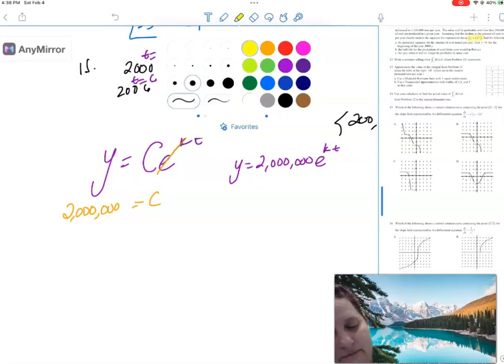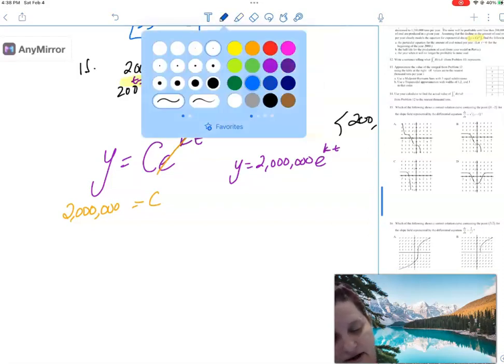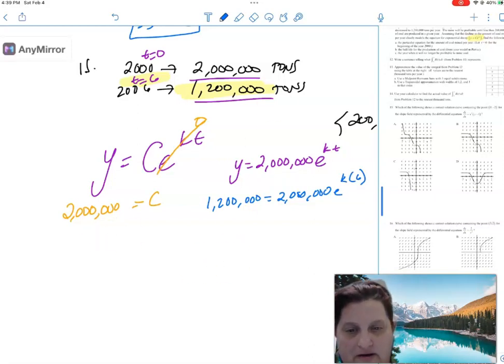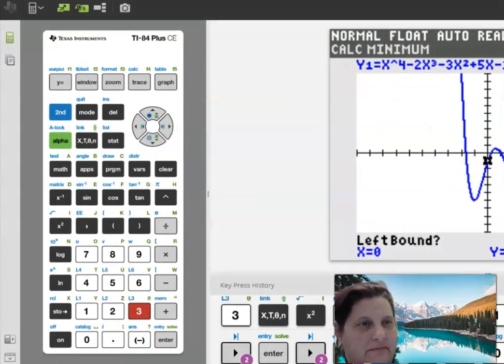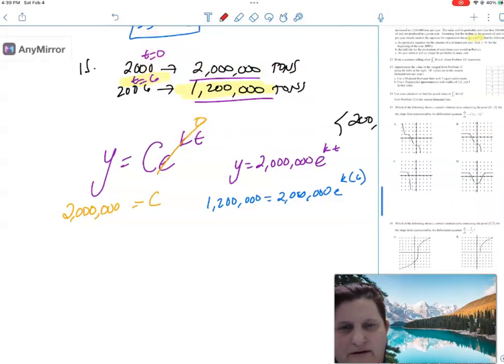Now I'm going to use these points to figure out what k is. Y is 1,200,000 equals 2 million e to the k times 6. Let's go through the steps I'm going to do on my calculator.